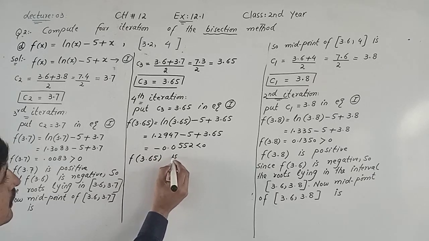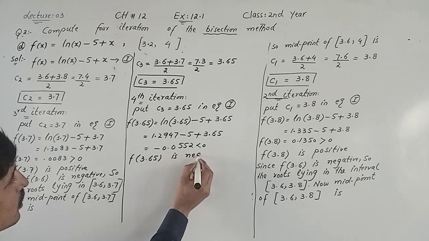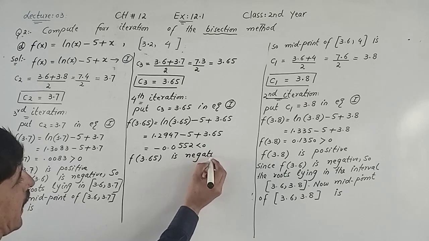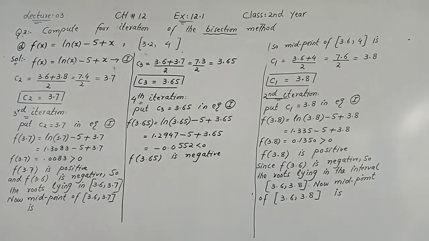So we take other positive value, तो हमारे पास second positive value है 3.7 पे.